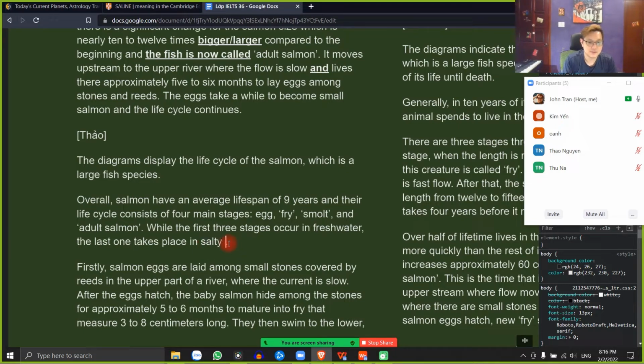And salty seawater. Just make things clear. It's seawater. It's not the saline solution that people use in a hospital. Làm rõ ràng nó là cái nước muối biển chứ không phải là cái nước muối mà mình dùng trong bệnh viện. Okay, in salty seawater. Just to make things clear.